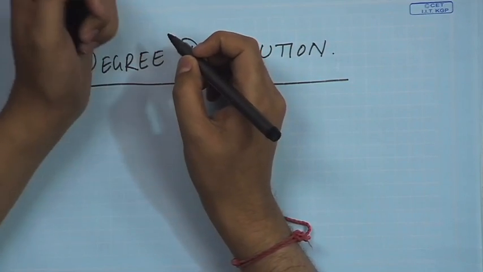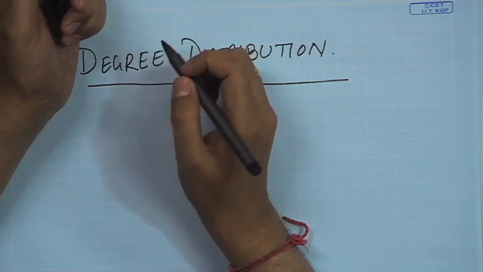Now, we will try to understand the metric using the example of citation networks that I was talking about in the last lecture.